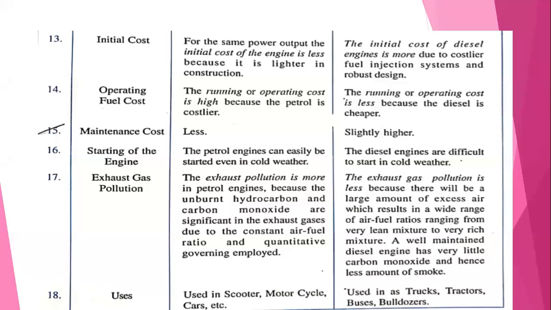Next, come to the point, operating fuel cost. All of you know the general concept, what is the cost of 1 liter of petrol and what is the cost of 1 liter of diesel. Say 1 liter of petrol costs 75 rupees or 80 rupees in Karnataka. But 1 liter of diesel costs 65 rupees or 69 rupees. So the cost of the fuel is also very important for differentiating a petrol and a diesel engine.